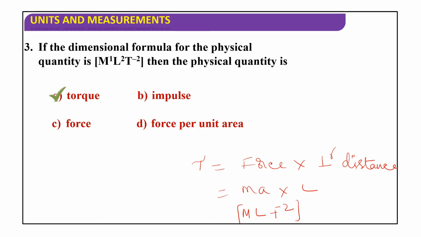So the dimension formula for force is M L T power minus 2. Perpendicular distance is L. So the total dimensional formula is M¹ L² T power minus 2. This is the dimension formula for torque.